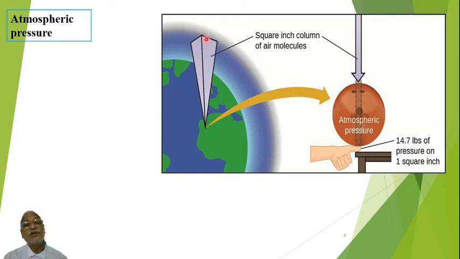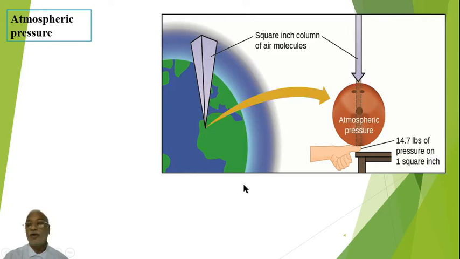It is something like 10 kilometers. A 10 kilometer air column is always present over our head. If we take 1 square inch of our thumb, 1 inch by 1 inch, the air column applies a force of 14.7 pounds on 1 square inch. This is written as PSI.